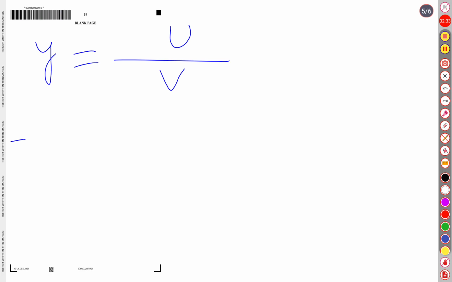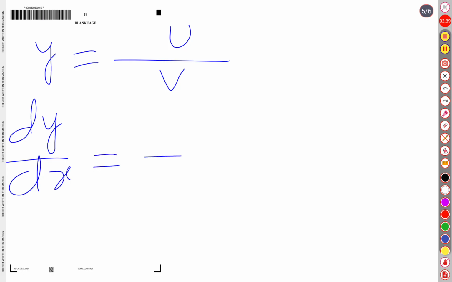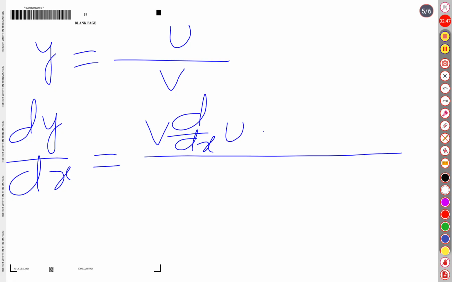The derivative, dy over dx, is equal to, first of all we write the denominator v, then d over dx of u, minus, then u, just the reversal of that, u into d over dx of v. Then the new denominator will be squared.